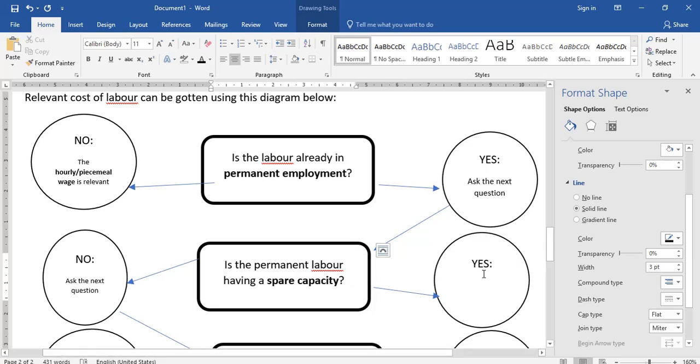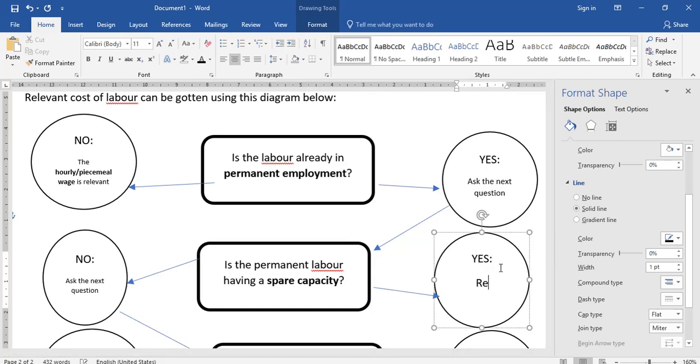And so the relevant cost is nil. Whenever there is mention of spare capacity, always use nil value for those hours that are spare.